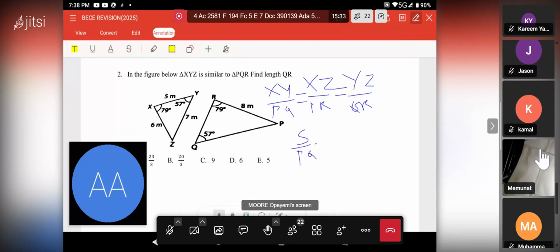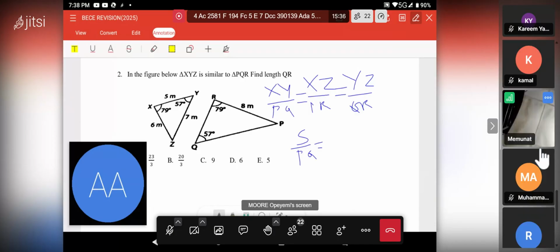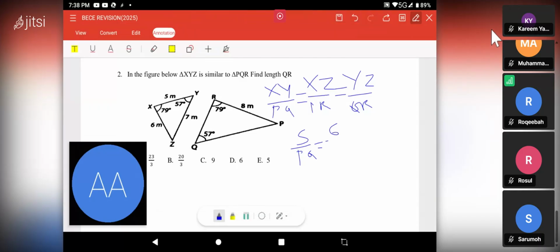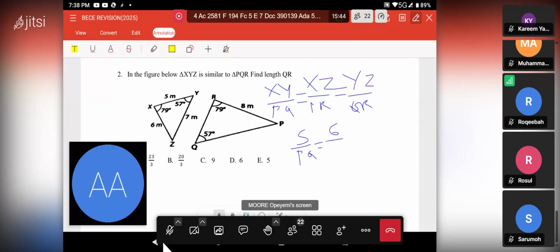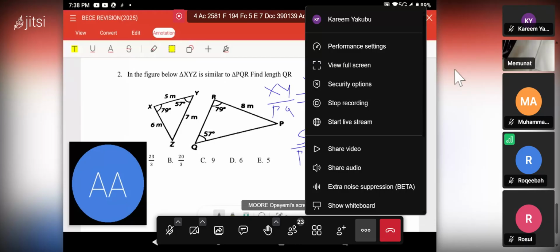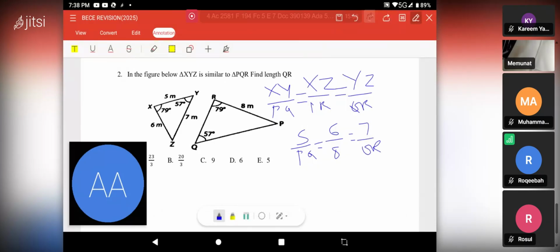XZ is 6 over PR, PR is 8, equals YZ, which is 7, over QR. We don't know QR, and that is what the question asks us to calculate. So the first ratio is not going to be useful. As it is now, we equate the two.